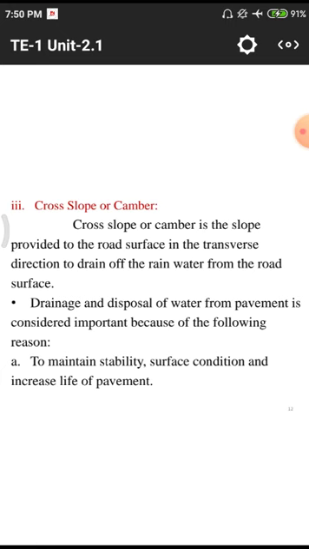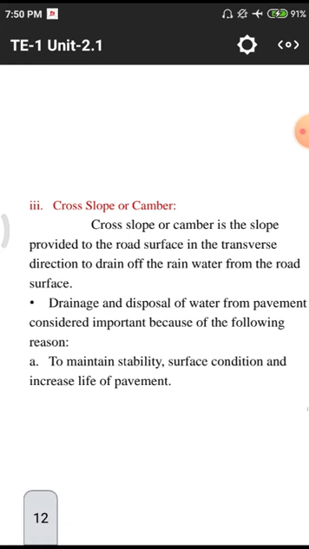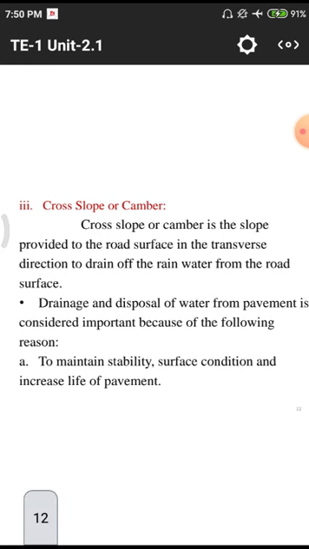If it is against the transverse direction, both sides are like a V shape. That means the entire road will become a V shape against the transverse direction, so that the water will be stagnant on the road. The main purpose of this cross slope is to drain the rainwater.